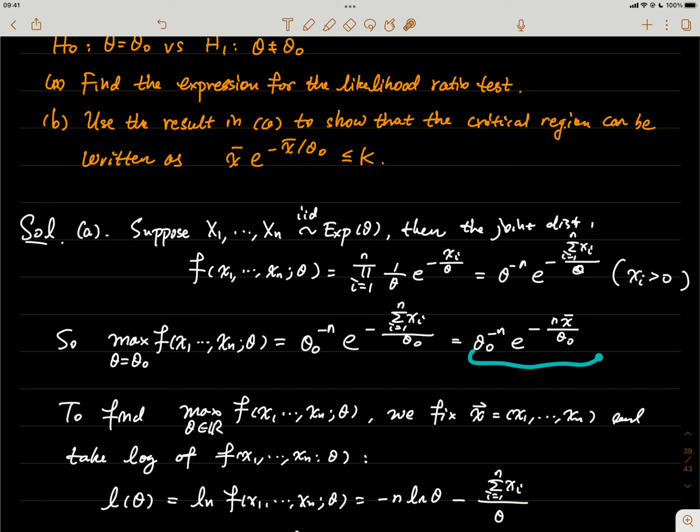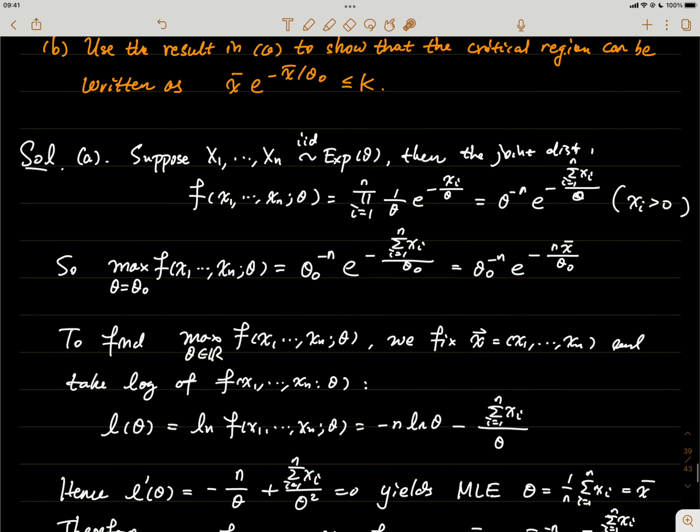I simplified a little bit because this is just n times x bar. The denominator is a little bit tricky, so we need to find the theta that can maximize this thing for every fixed x. This is like the maximum likelihood estimate. We look at the joint distribution, take the logarithm of it, take the derivative, set it to 0, and solve for theta.